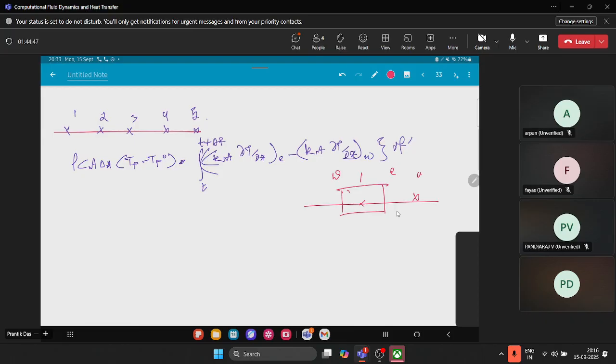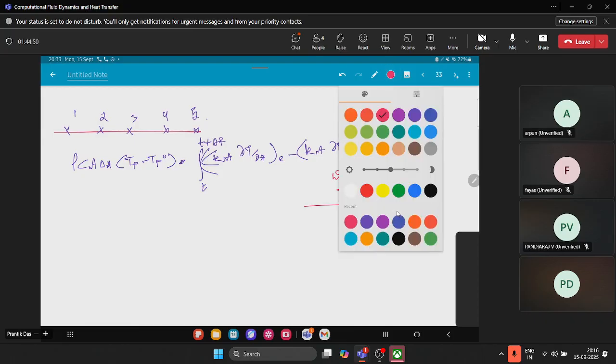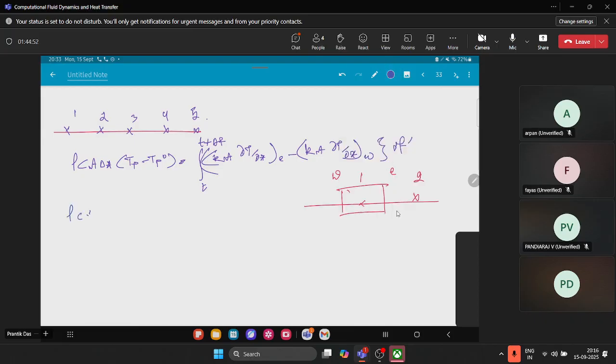So rho c a delta x (Tp minus Tp naught) equals k a (T minus Tb) divided by delta x, dt prime from t to t plus delta t.